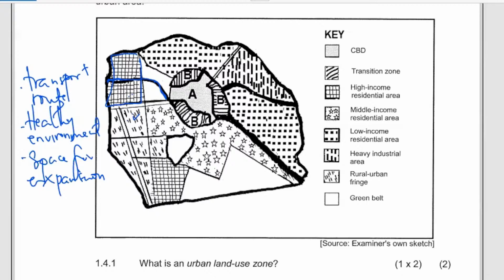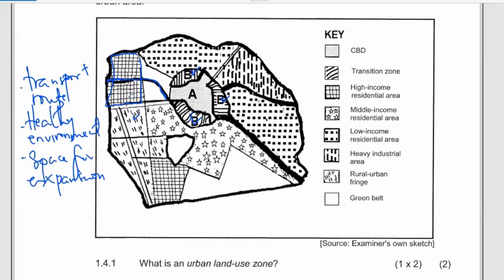Right, we move on to the next question. Refer to the transition zone at B. Right, this B here is the transition zone. When we're talking of the transition zone, we are saying that it is an area where activities change. We are coming from the CBD going to the outer part of the CBD.